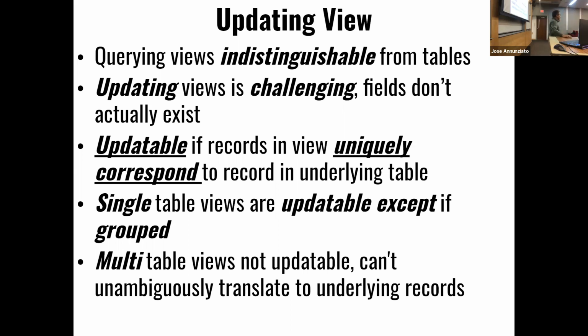So inserting into the view would really mean inserting into multiple tables. Or if you delete the quote unquote record, what would that translate to? That would mean deleting 3 or 4 records in the original tables. Is that what it means? So there are limitations of what you can use views for. They're not real tables.